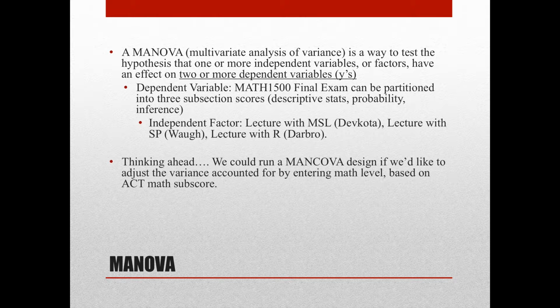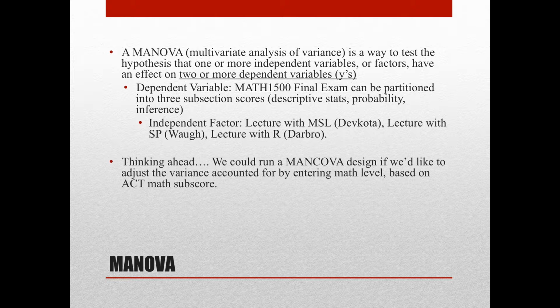Now, if we wanted to examine the differences in just descriptive statistics across the three teaching levels of Dr. Devkota, Heather, and myself, then we could just run a straightforward ANOVA. But what if we also wanted to examine the differences across probability questions and across inference questions?